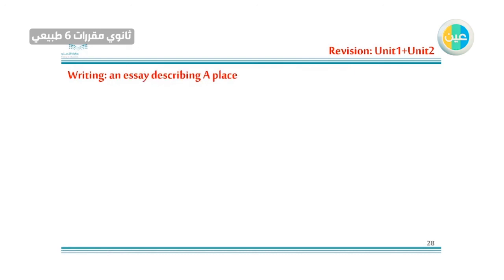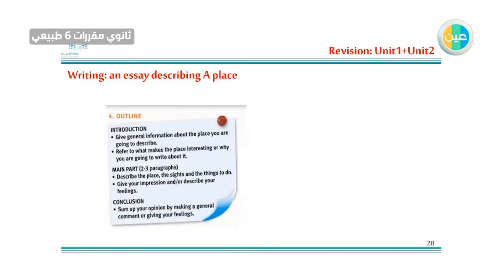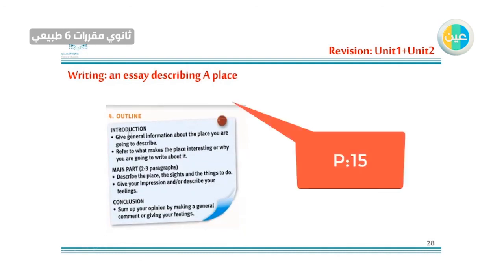The second writing task is writing an essay describing a place. I want you to take care of these points. First, you will start your essay. When you want to describe a place by introduction, you will give general information about the place you are going to describe and refer to what makes the place interesting or why you are going to write about it.